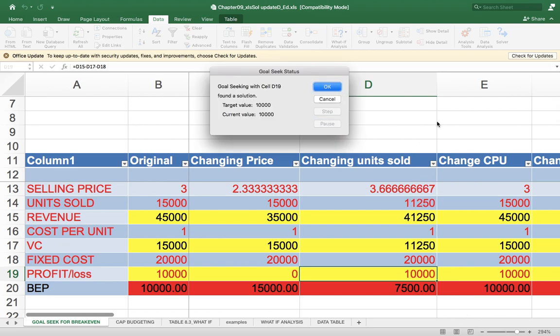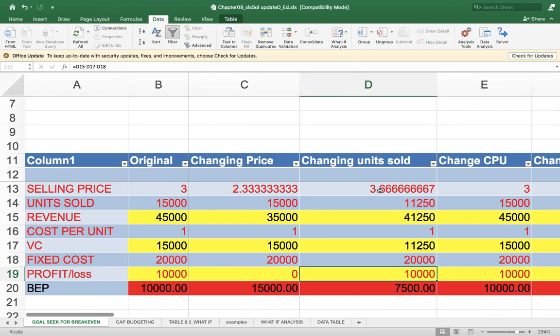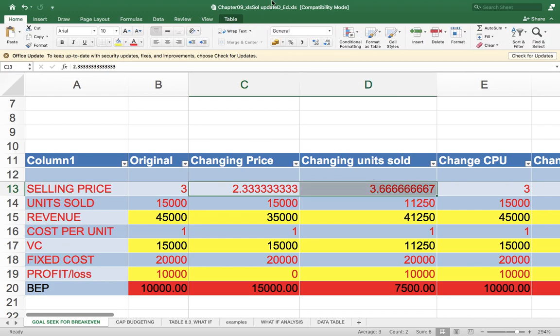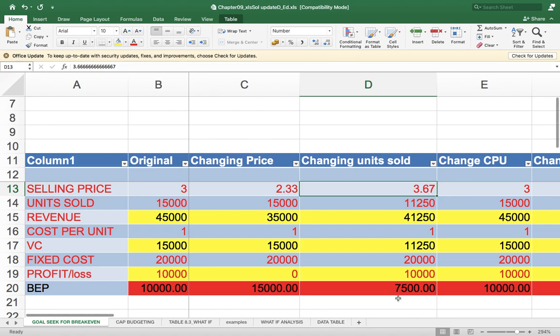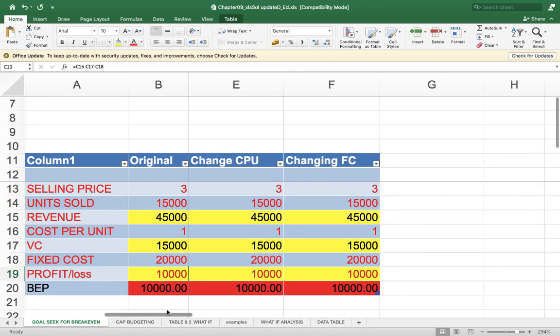See, with this 3.67 as the selling price, if I want 10,000, then my number of units to be sold is 11,250. But for making zero profit, if I want to sell 15,000 at 2.33, my profit will be zero. Similarly, goal seek will make anything you want to change.